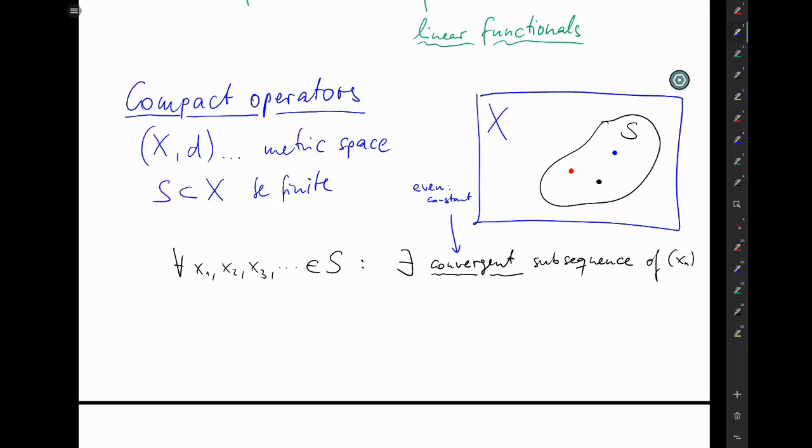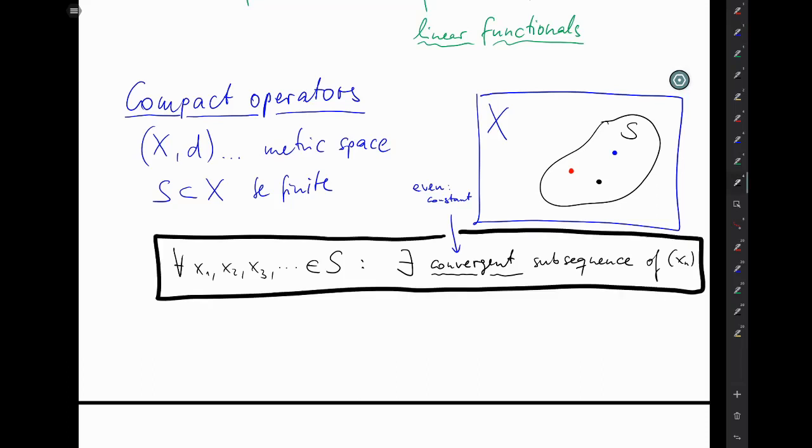But at least one of the three color classes has to be picked infinitely many times, because otherwise you couldn't get an infinitely long sequence. Okay, let's denote this property without the even constant bit by star.